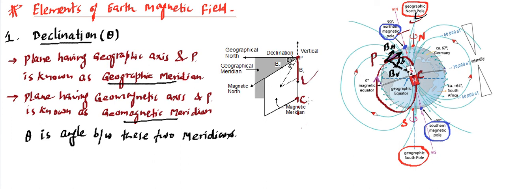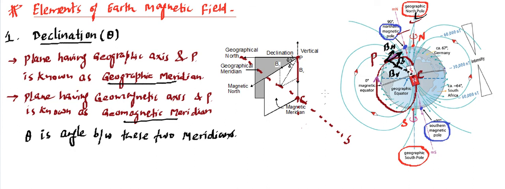Then we need to imagine the two planes we are talking about. One plane will pass through this line, as well as the geographic north and south. So let's say geographic north is somewhere there. If you join this geographic north to point C and cross this way, you'll find the geographic south somewhere there.